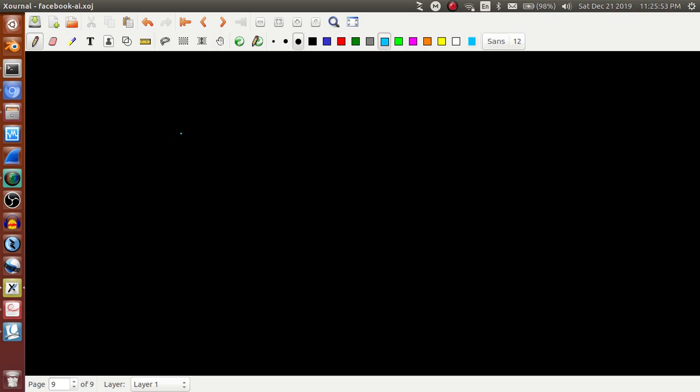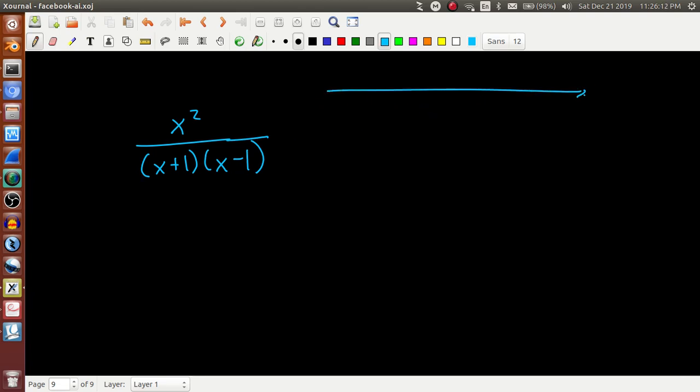If I were to consider something like x squared over x plus 1, x minus 1, perhaps, this is now not an algebraic curve. It's just a standard function defined on the real line.